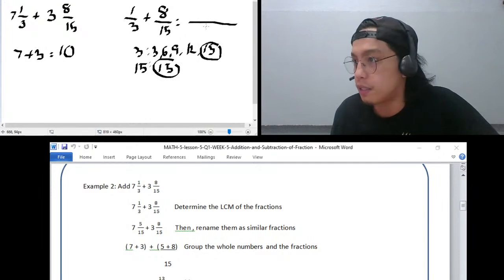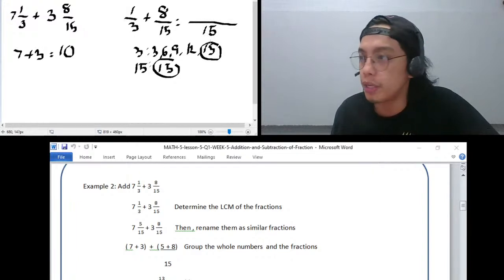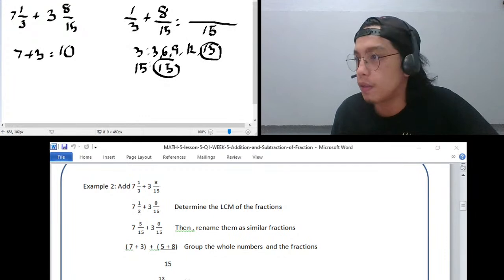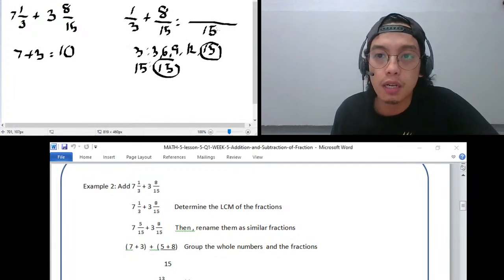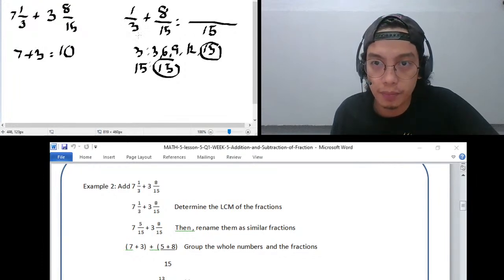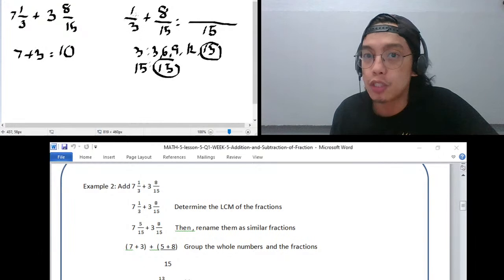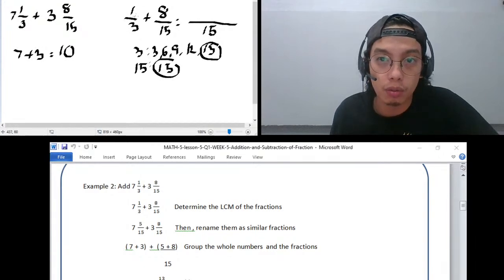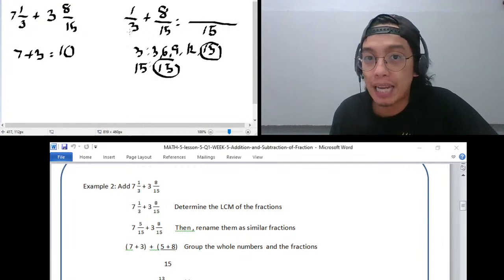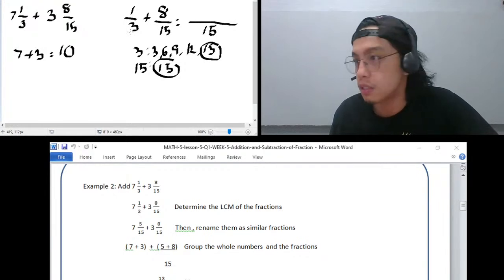And let's copy that as their new denominator. What we're going to do is take 15 and divide it by the original denominator, times the numerator. 15 divided by 3 is 5, times 1 is 5.